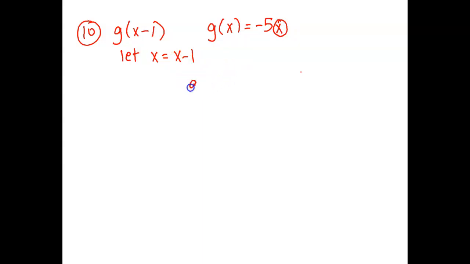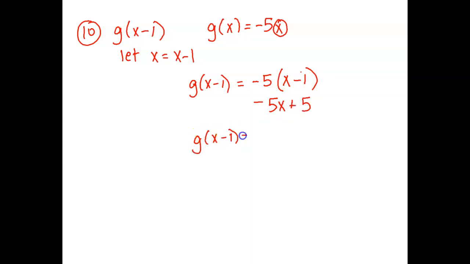So g of x minus 1 is going to be equal to negative 5 times my x minus 1. I distribute it, and I can say that g of x minus 1 is equal to negative 5x plus 5. And that's it. Okay, bye-bye.